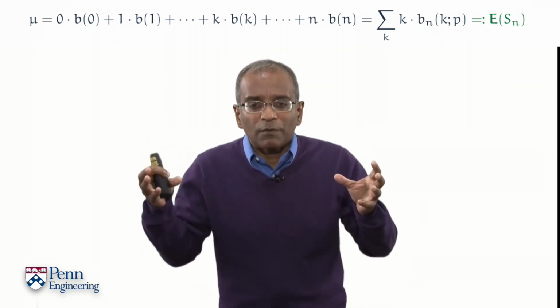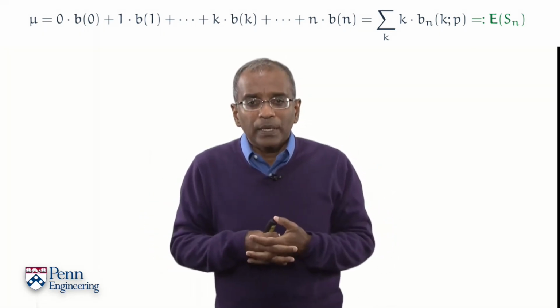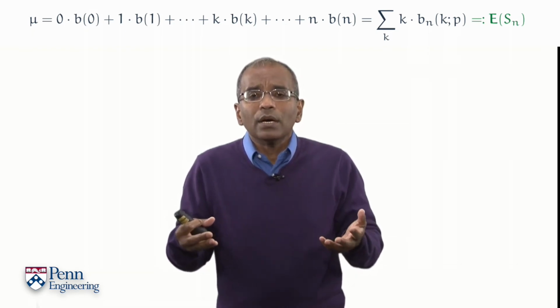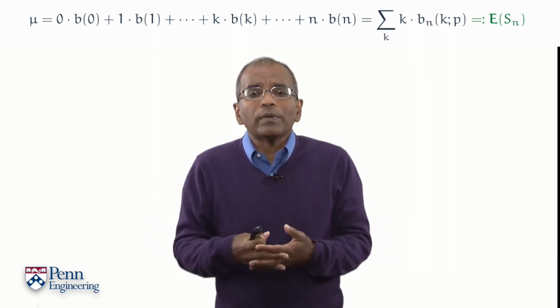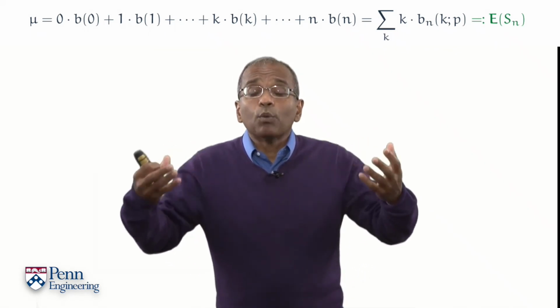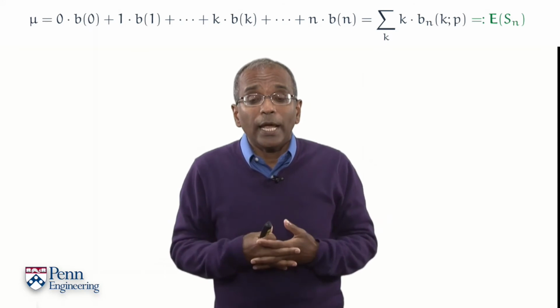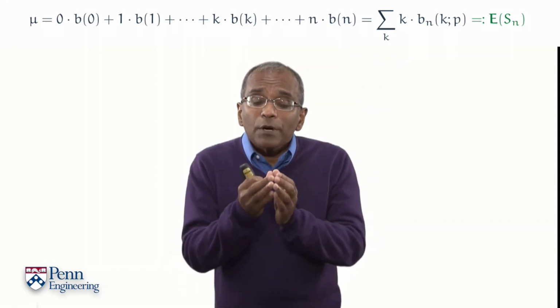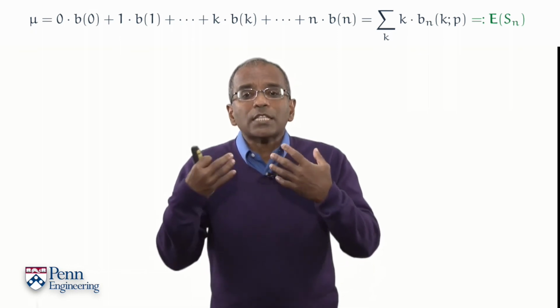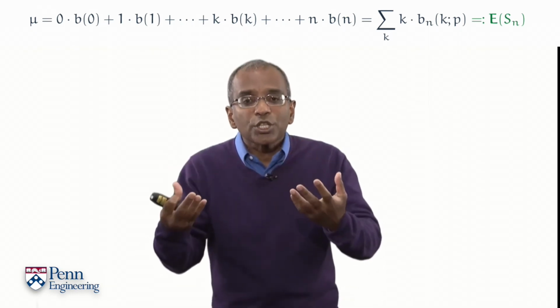And in this case, of course, it is a weighted sum. In many cases in practice, when there is no ambiguity, by a long force of tradition, we will simply call this just mu. But when there are more than one chance experiments at play, then we will refer to it particularly as E of Sn, the expected value, the expectation of Sn.